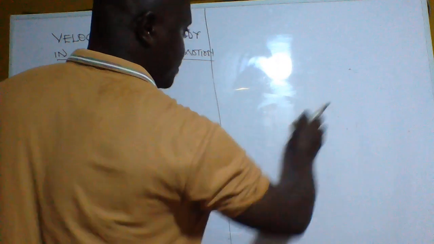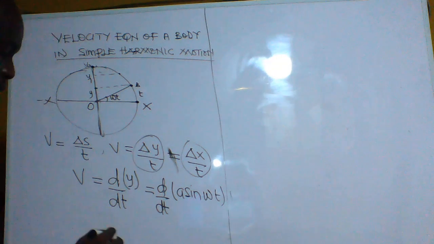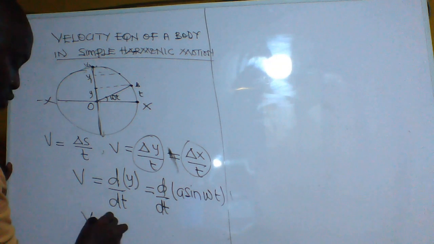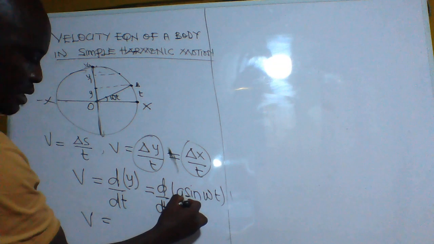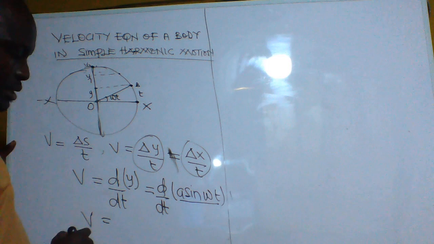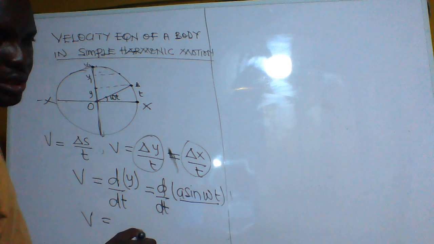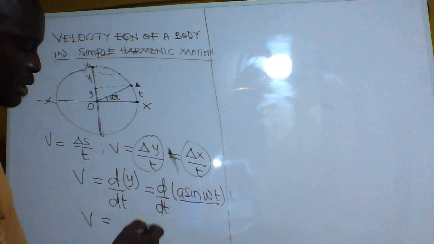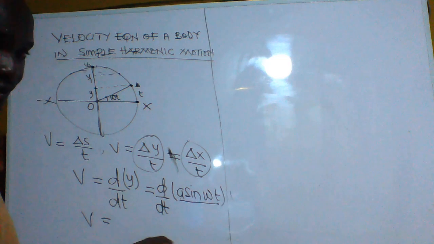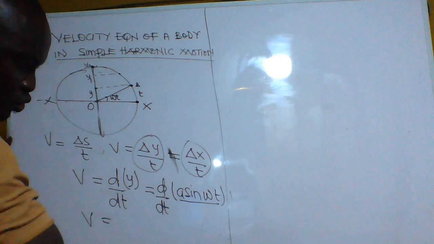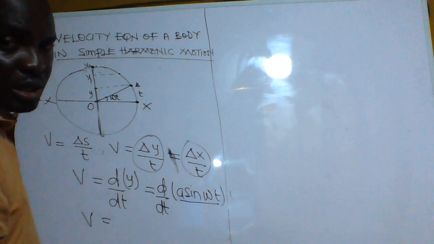Alright, so it means V would be equal to, this is the mother function. A is just a coefficient, and in differentiation the coefficient is not eliminated. The presence of this coefficient multiplies throughout the subsequent derivatives.